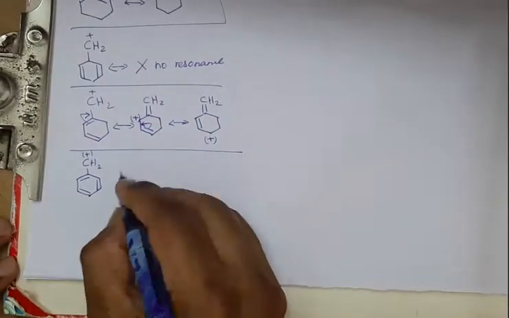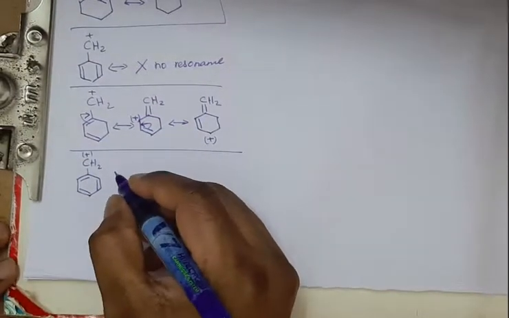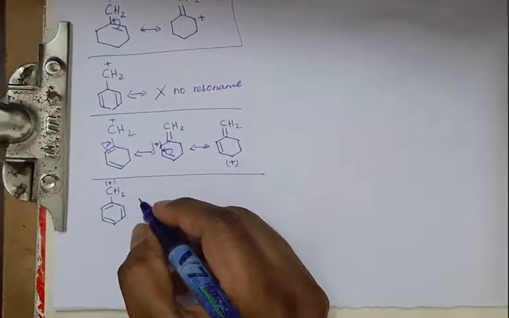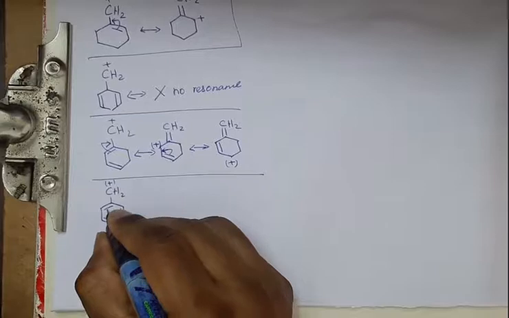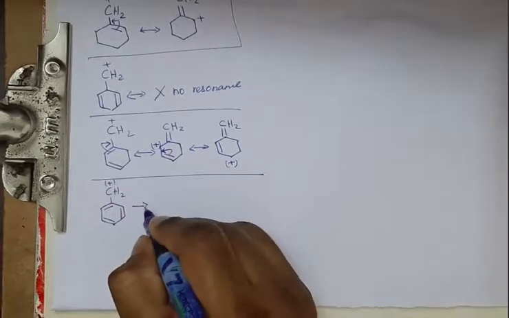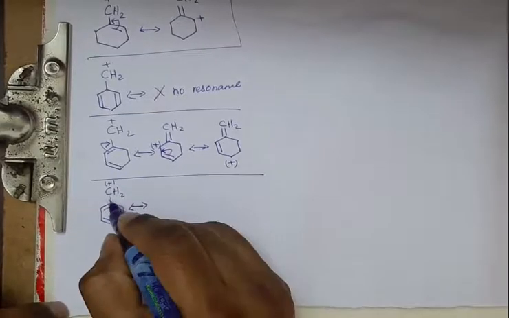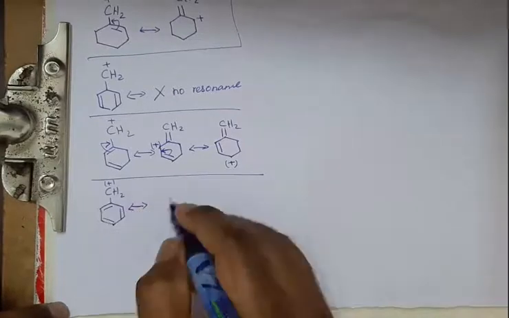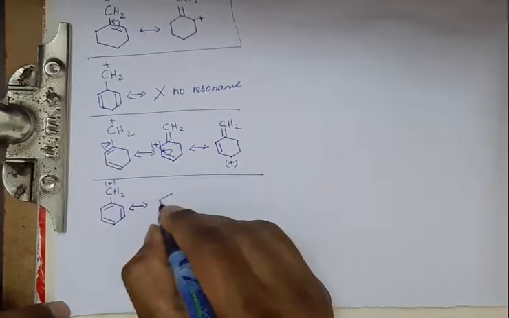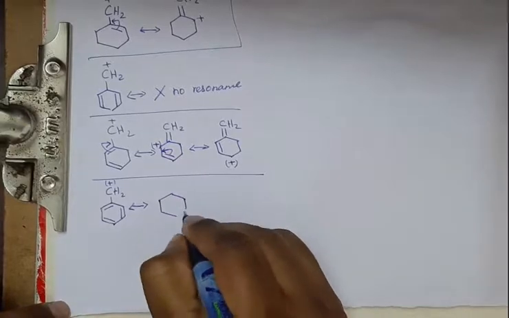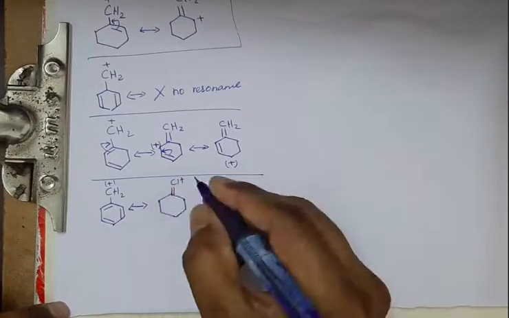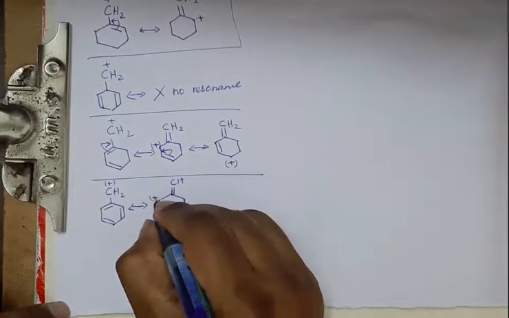Draw all possible resonance structures for the structure. So you can see that this is a phenyl ring. So obviously you can move these pi electrons and the positive charge can be delocalized over the entire ring. I am drawing this probably for the 4th or 3rd time, but anyway I'll draw this.